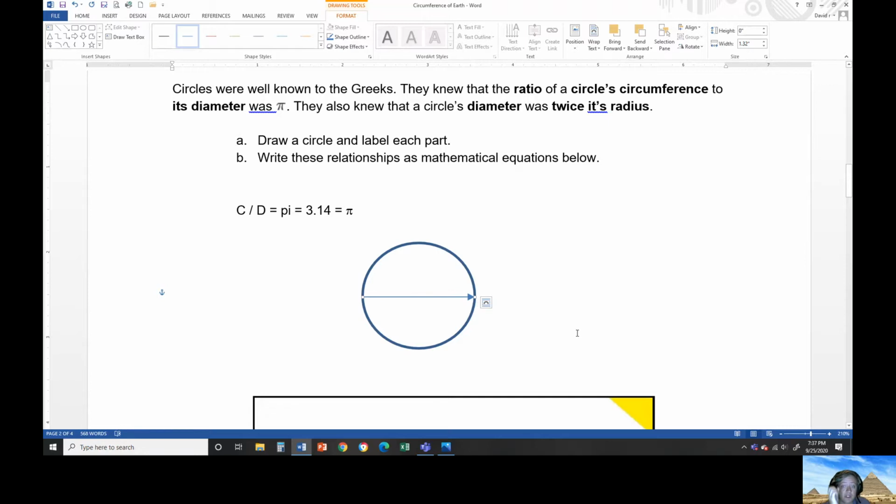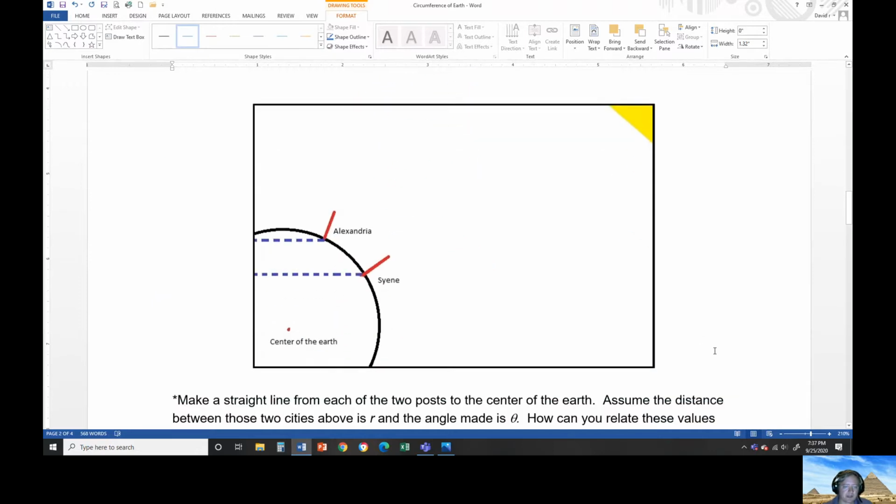That's our diameter. So the radius is 1/2 of the diameter. So if you know the circumference of a circle, you can determine its diameter, which means that you can figure out its radius. Okay, key piece of information, so hold on to that.